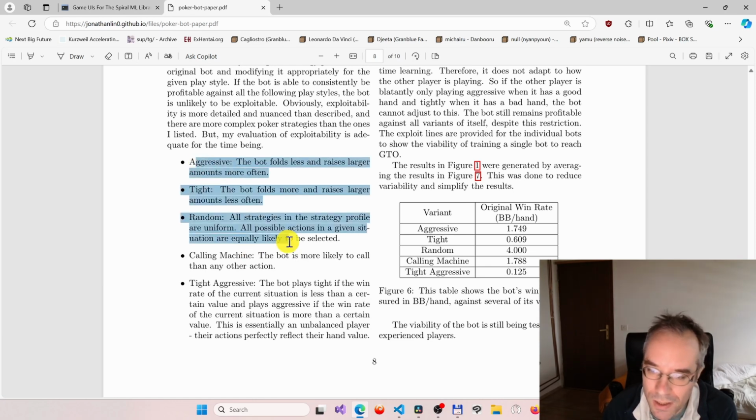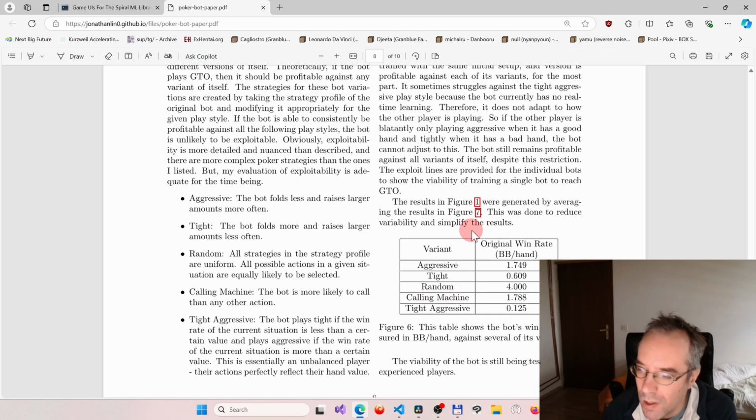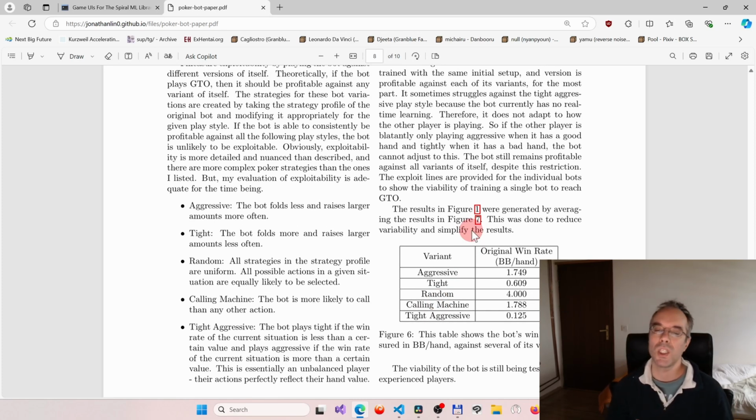And okay, these are just the handcrafted players he did on his own, and of course the CFR trained agent works the best. It wins very strongly against the random player.